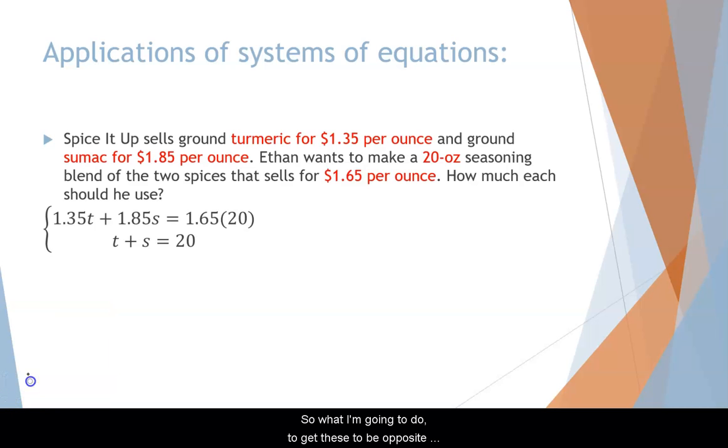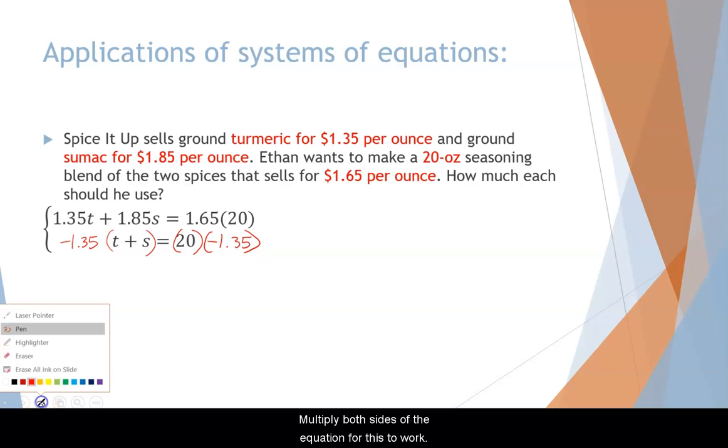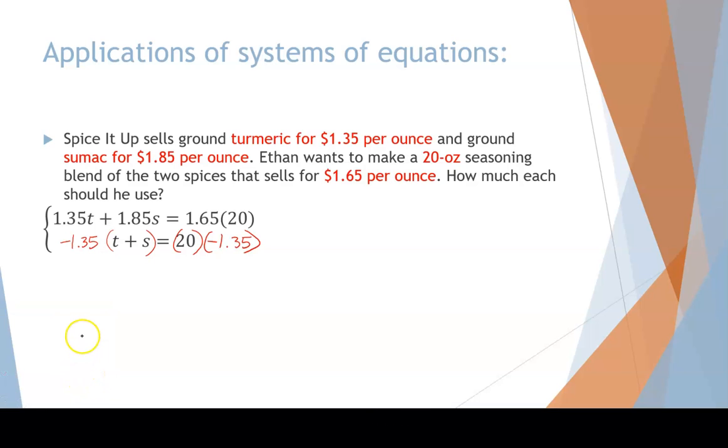So to get these to be opposite one another, I'm going to choose to eliminate the T's. And so I'm going to multiply this second equation through by negative 1.35. I have to multiply both sides of the equation for this to work.